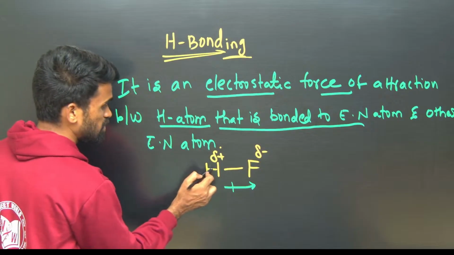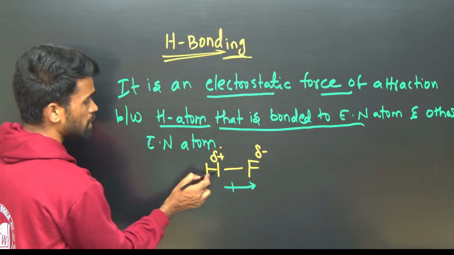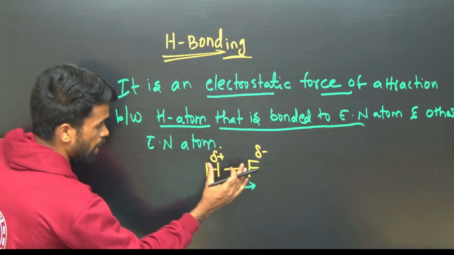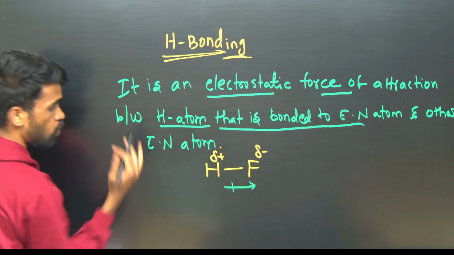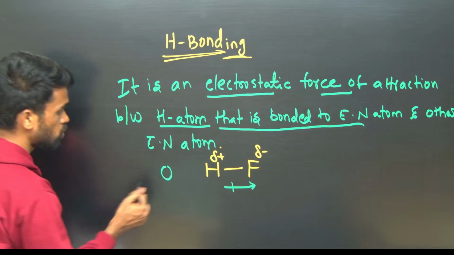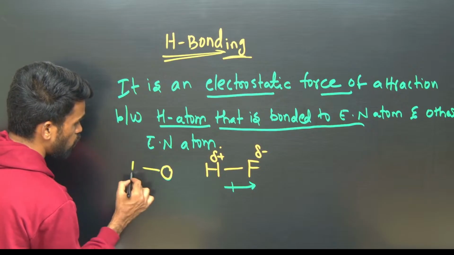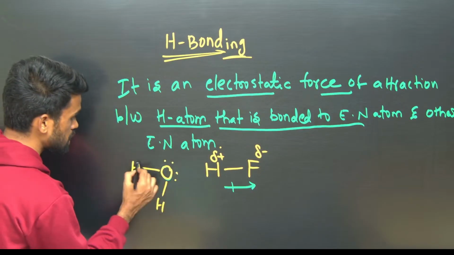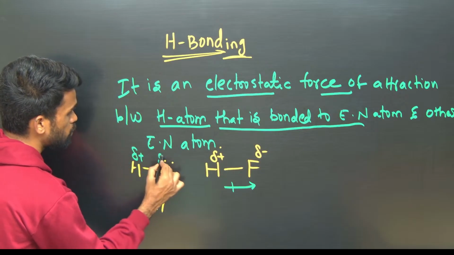And this one will have electrostatic forces with the other electronegative atom. For example, I am keeping this molecule in water. Oxygen is also an electronegative atom, so oxygen present in the water molecule will be polarized like this, partial positive and partial negative here.